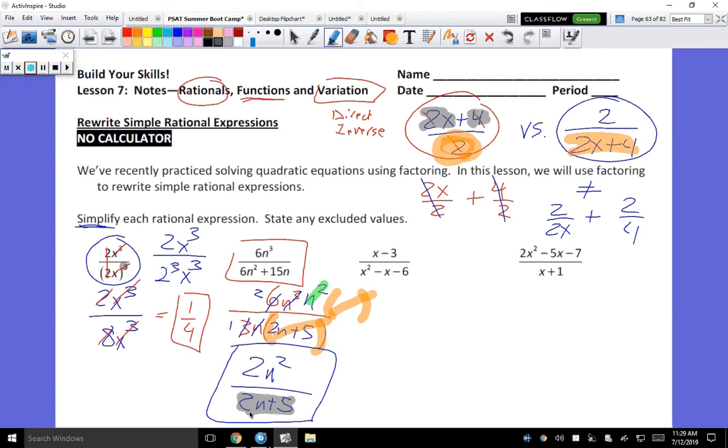You can only chip away and cancel between multiplication pieces. If this was in parentheses through multiplication, then you could do that, but because it's with addition, you can't cancel out like that. Okay? Alright, so the third one.